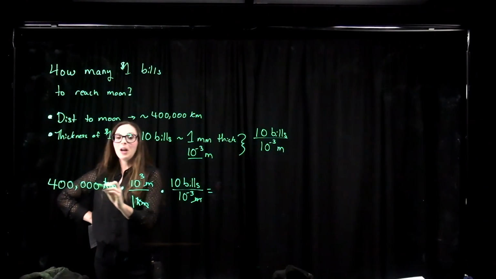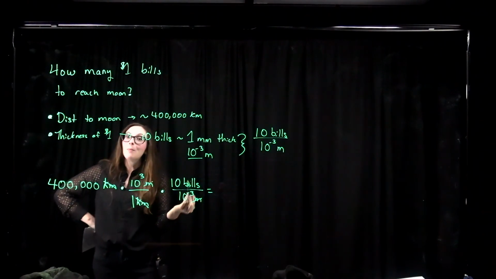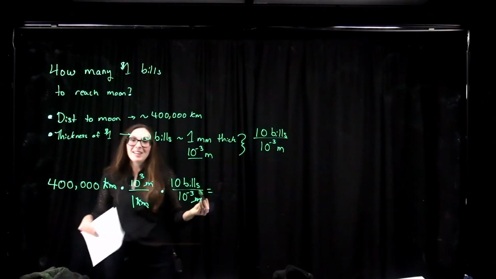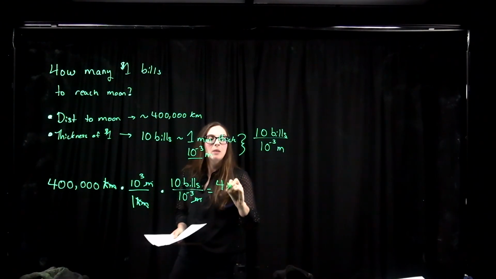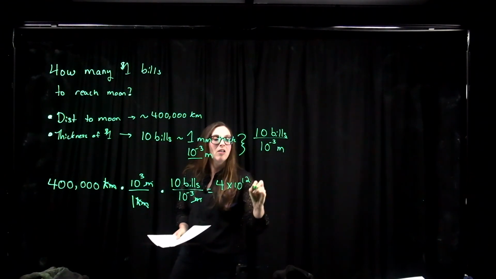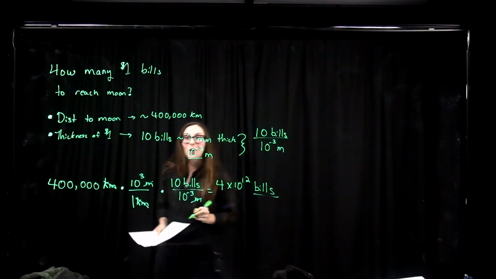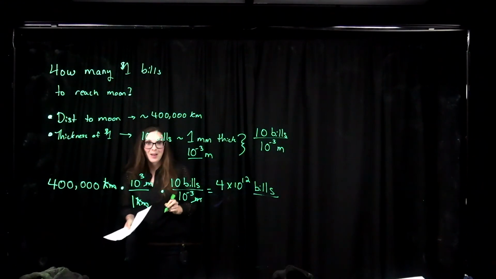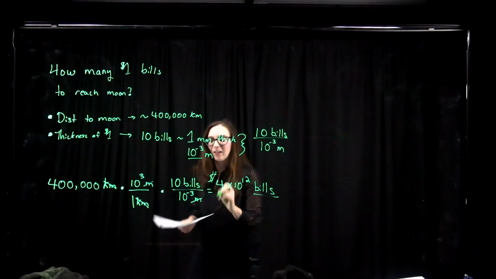I take my 400,000 times 10 to the 3 times 10, and then divide by 10 to the minus 3. In the end, I find that I have about 4 times 10 to the 12 bills to stack to get from the Earth to the moon. That's 4 times 10 to the 12 $1 bills.